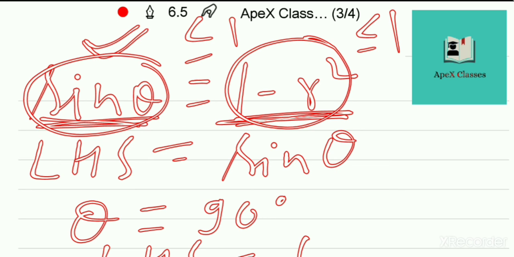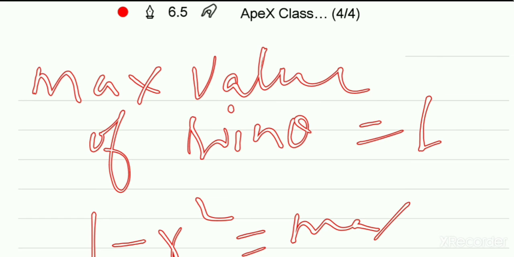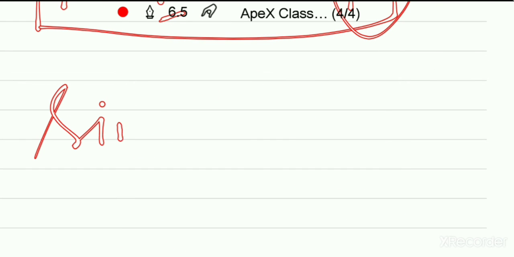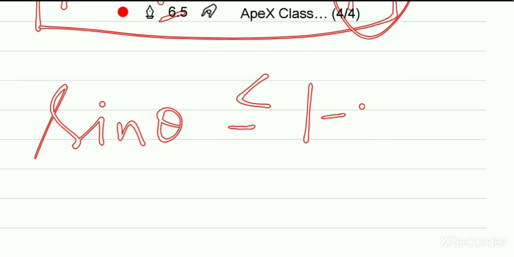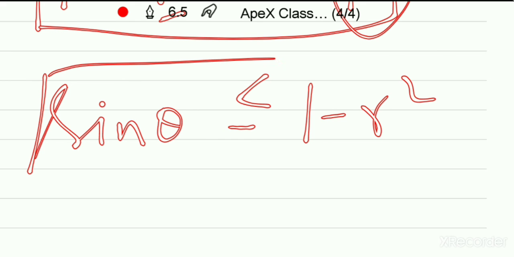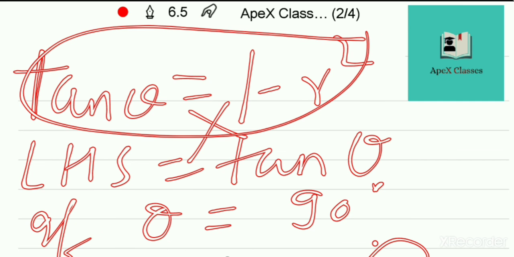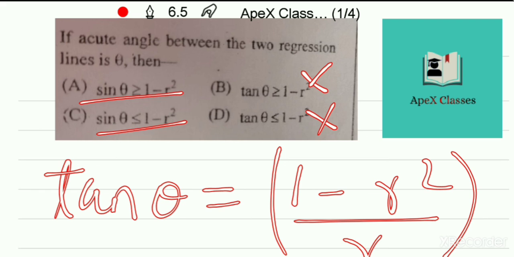Therefore the option will be sin theta less than equal to 1 minus r square. This will be the answer. So option C, sin theta always less than equal to 1 minus r square, is the answer.